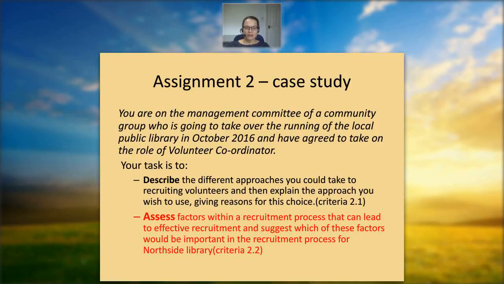Move quickly on there. So back to the assignment and the second task that you are being asked to do, which starts with the assessment term assess. Assess factors within a recruitment process that can lead to effective recruitment and suggest which of these factors would be important in the recruitment process for Northside Library.